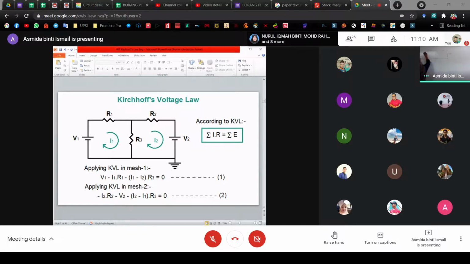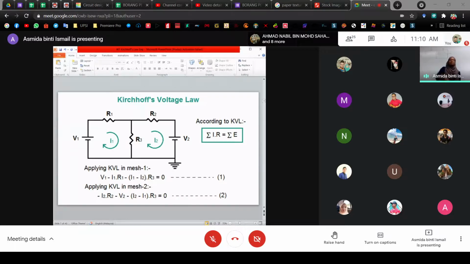This is V2. This is R1. You have two voltage sources.